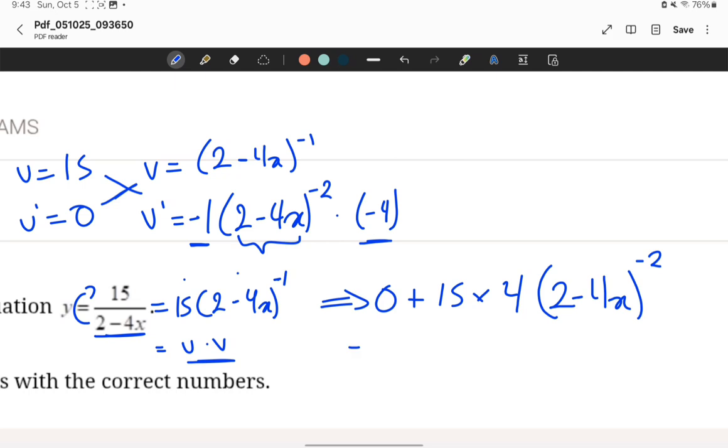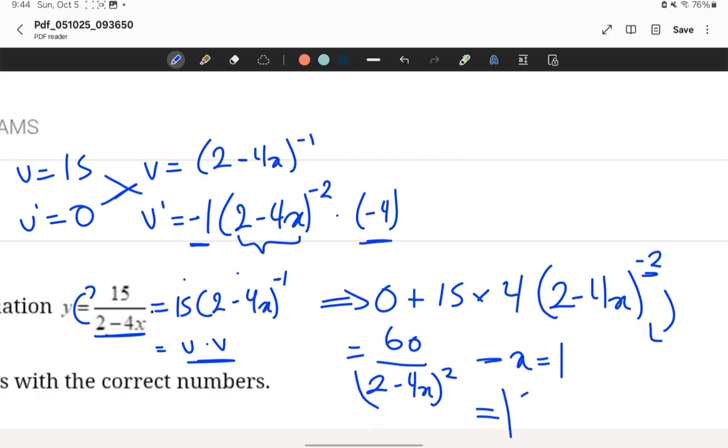Okay, so this is equal to, after simplifying, 60 over 2 minus 4x all to the power of 2. Yeah, because there's a negative exponent, so we take it down. Now in this, you go ahead and substitute x equals 1, and you get 15.